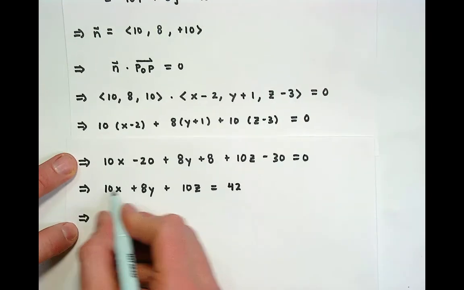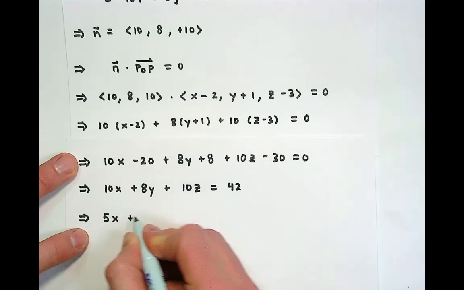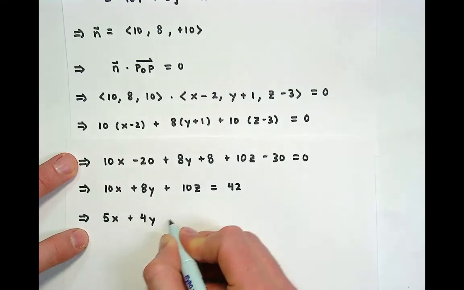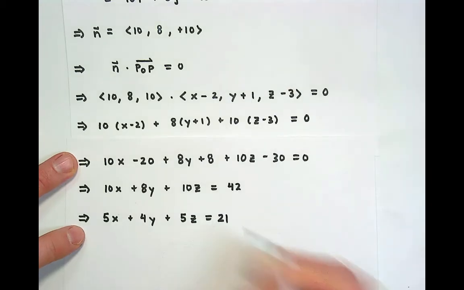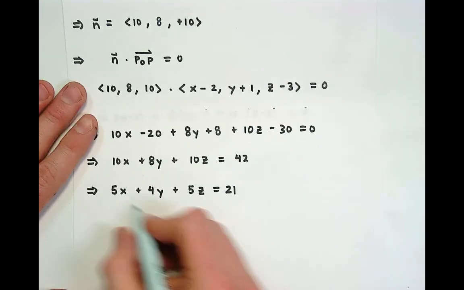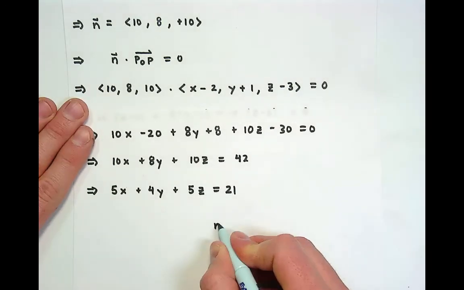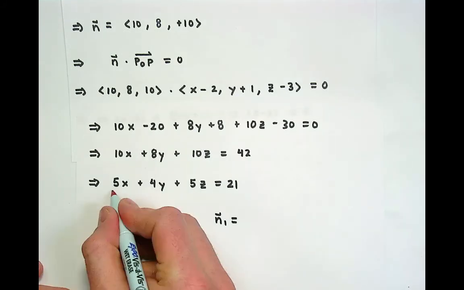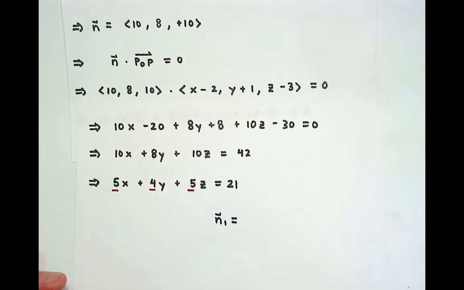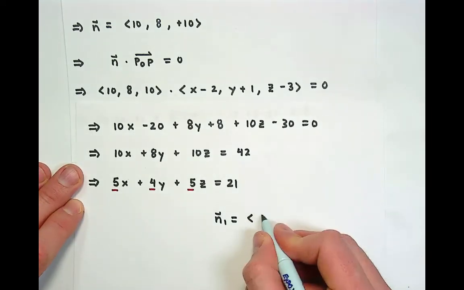And what's really fun about this is that all of these scalars are divisible by 2, which means I can simplify by dividing by 2. And then notice something else. If we looked at this normal vector, which we might call n1, the normal vector has components that are given by the coefficients in front of the actual scalars here.